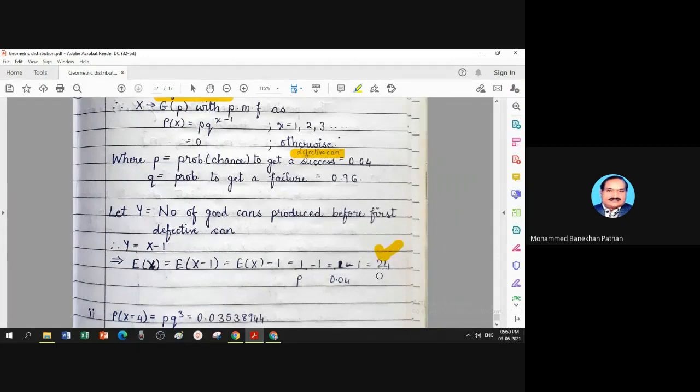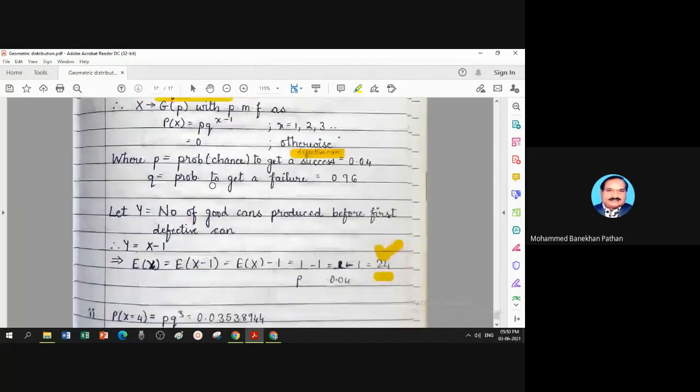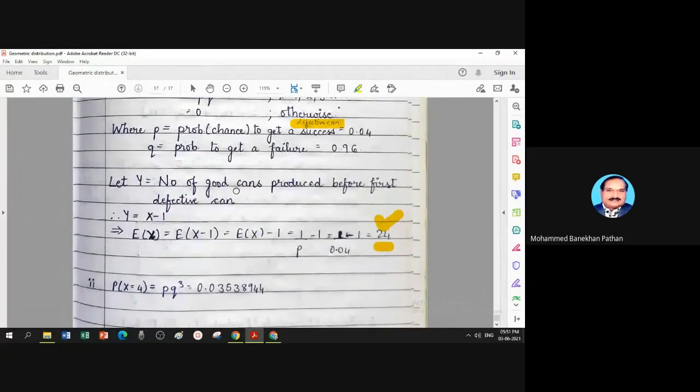So what does 24 tell you? It says the expected number of good cans produced before the first defective can. That means when the production process starts, on average, 24 cans will be good.